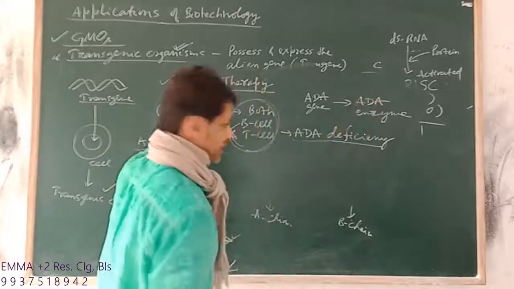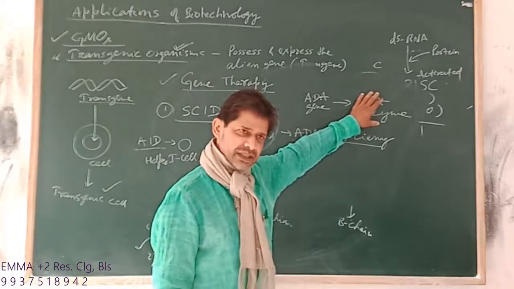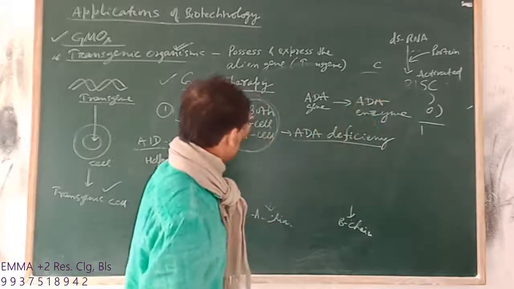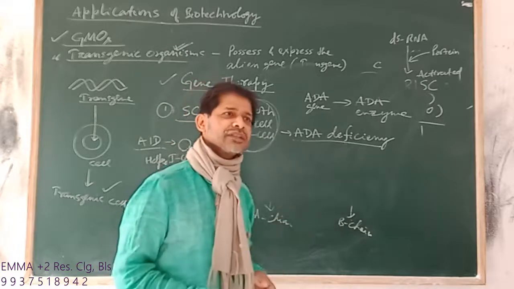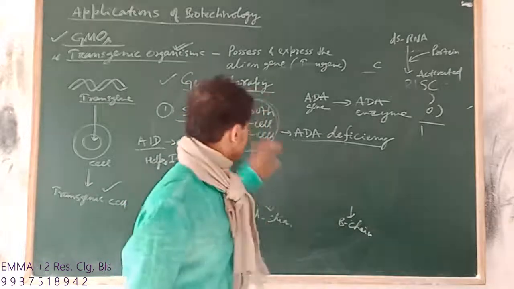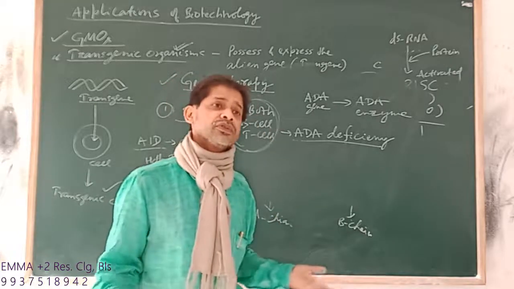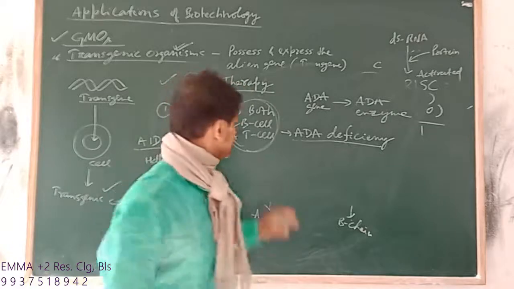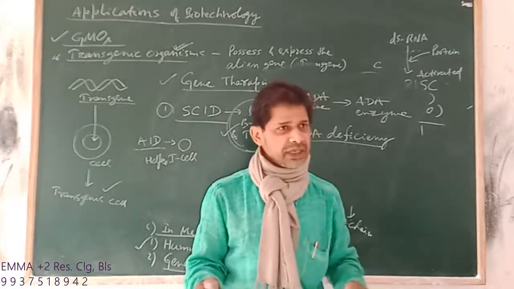The patient with SCID is lacking ADA enzyme. That's why their B lymphocytes and T lymphocytes become non-functional. That means when a pathogen enters, they cannot do anything because they are non-functional. So these types of patients, after birth, will die definitely.